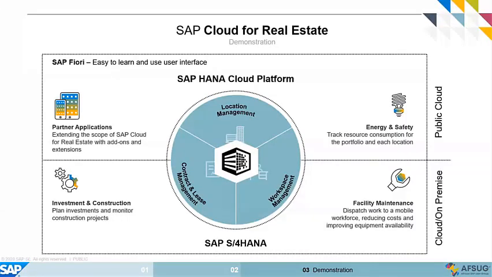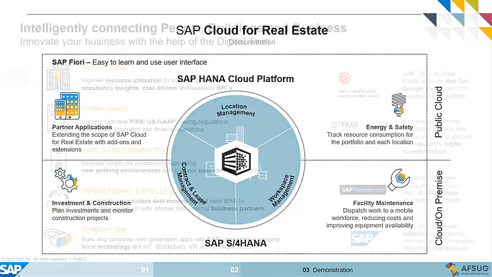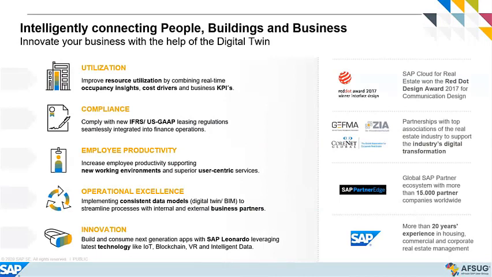So I hope I've been able to show you how you can accelerate your leasing processes, automate some of your leasing activities, and gain full control and visibility into your contracts. And just to finish off, I've got a slide with the top 5 benefits of cloud for real estate.